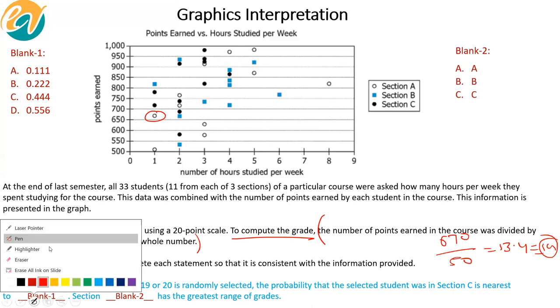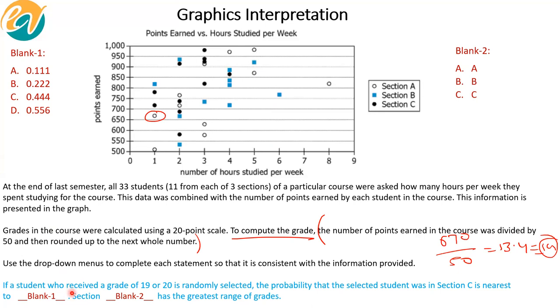Okay, now let's look at the question statement. If a student who received a grade of 19 or 20 is randomly selected. What does this grade of 19 or 20 mean in terms of points earned? When will a student get a grade of 19? Remember, there is a rounding up going on.